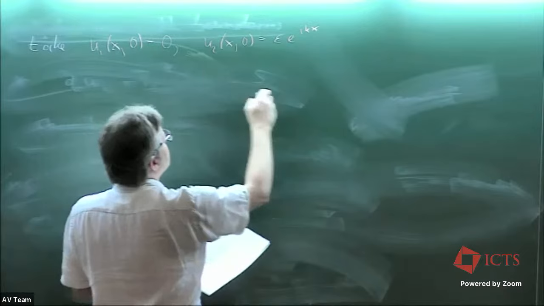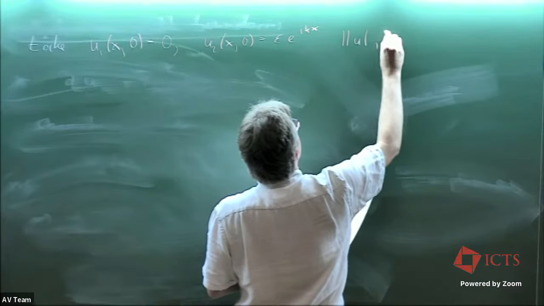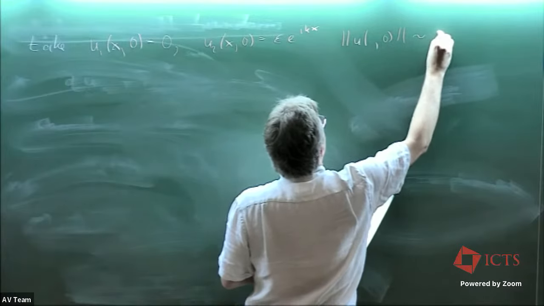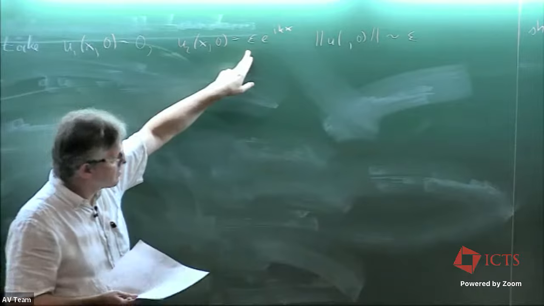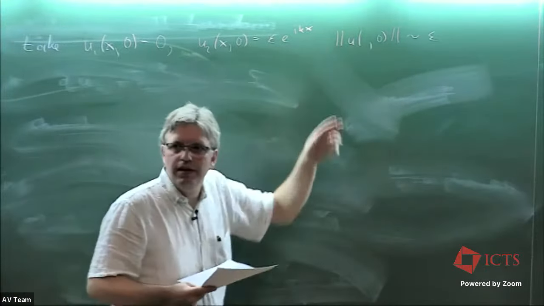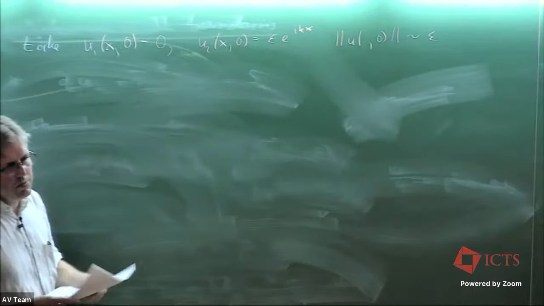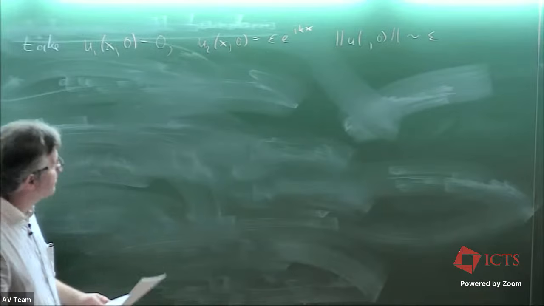That means the norm of our initial conditions is of order epsilon, and epsilon is some small number. It doesn't really matter what norm you're putting here. Depending on how big your domain is, you might use somewhat different ones, but that's mathematical fine print.